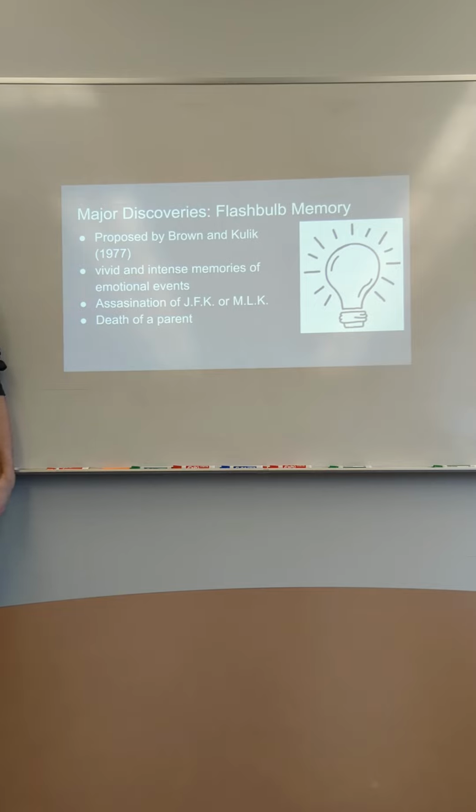Brown and Kulik asked 100 participants to describe their memories of where they were and what they were doing after major life events: the assassination of JFK, the assassination of Martin Luther King Jr., or the death of a parent. The participants were able to very vividly and clearly describe where they were and what they were doing when these events occurred.